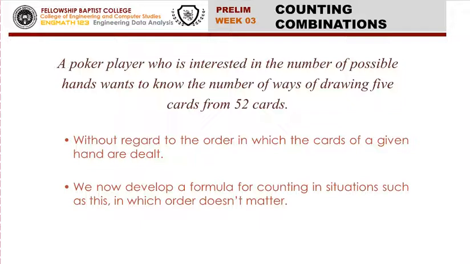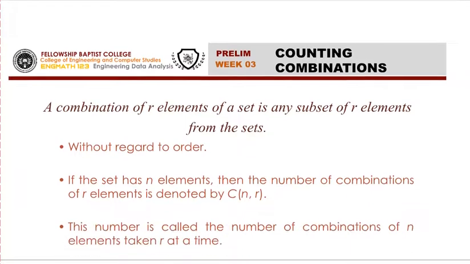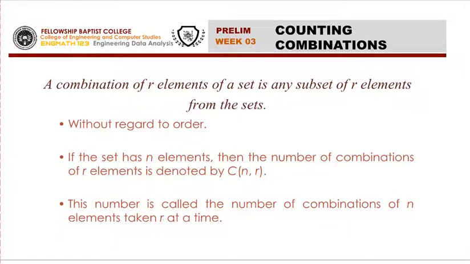So we now develop a formula for counting situations such as this in which order doesn't matter. So we don't consider the order of specific elements. This is referring to what we call combinations. When we talk about a combination, you just have a specific number of elements in a specific set. So, a combination of R elements of a set is any subset of R elements from that specific set.